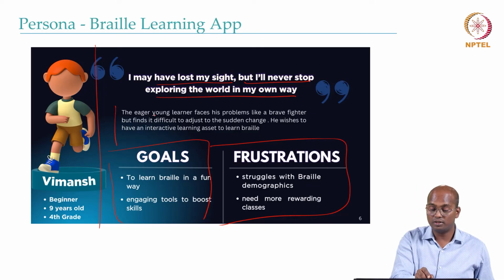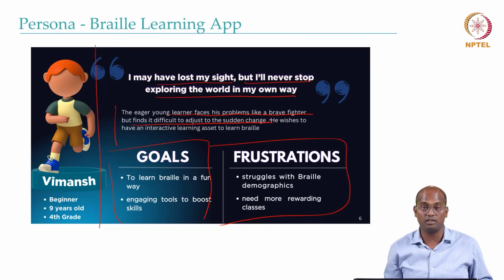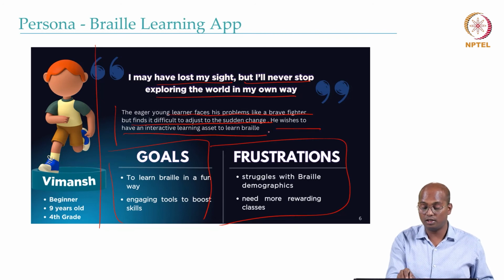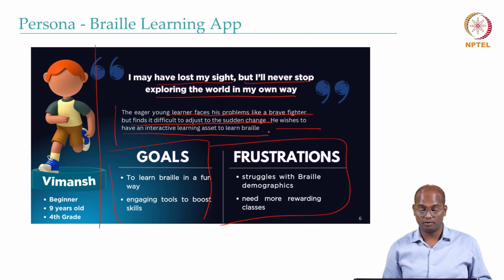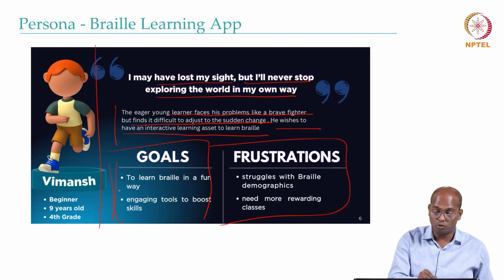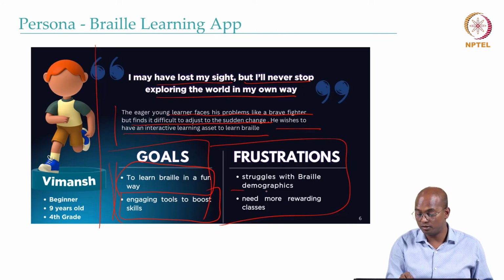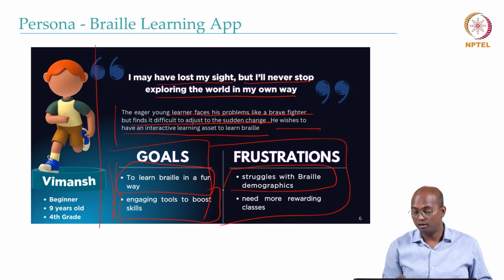He is eager to learn, faces his problem like brave fighter but finds it difficult to adjust to the sudden changes because he was able to see earlier but now he can't. So he wishes to have an interactive learning asset to learn Braille. So the goal for him is to learn Braille in fun way, engaging tools to boost skills, and the frustration, struggle with the Braille demographics, and need probably more rewarding classes and so on.